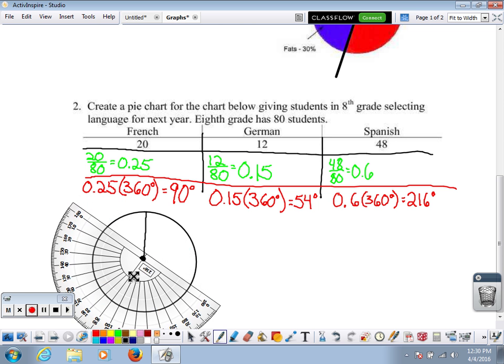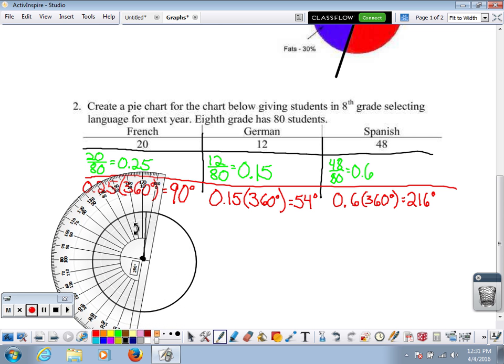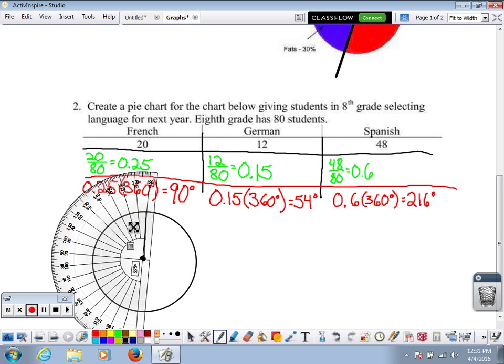Then we bring in the protractor. Now set your protractor up so that the crosshairs are at 0, at that center, and have that 0 line on your radius. Now, I want to mark a 90-degree angle. So what I'll do is look around the outside till I get to 90 degrees, and you make a little mark at 90 degrees.